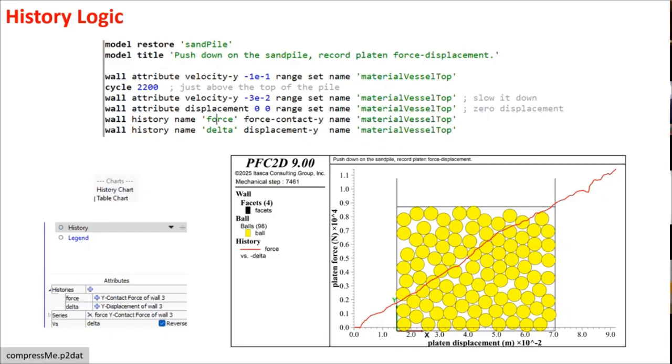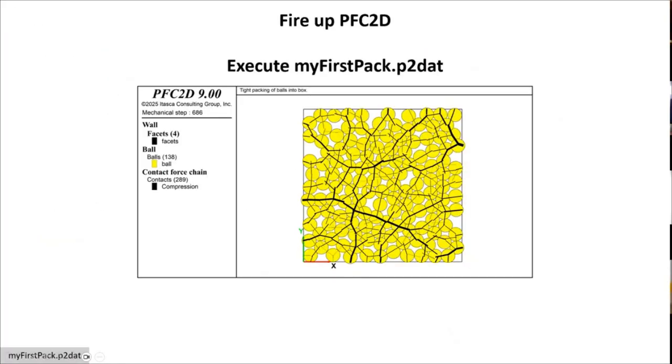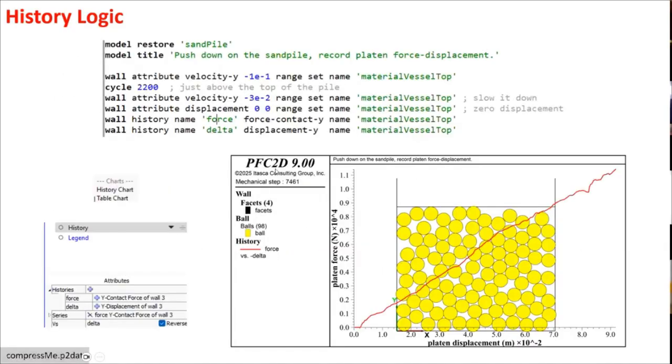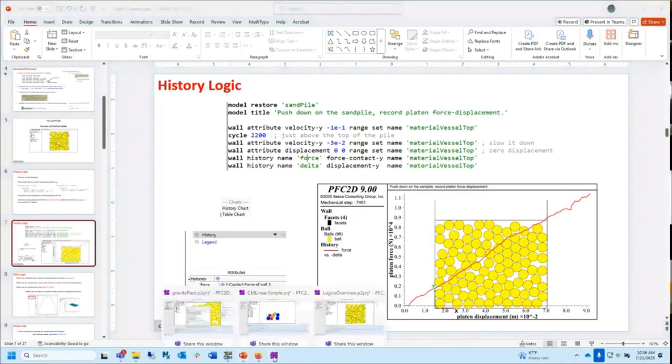What we're going to do is take this model, at this state, and delete particles up top, and let the thing settle, and then take this top wall and slowly push it into the particles. Okay. And so we're going to push down on the sand pile and record the platen force versus displacement. So let's just run the first part of that thing.